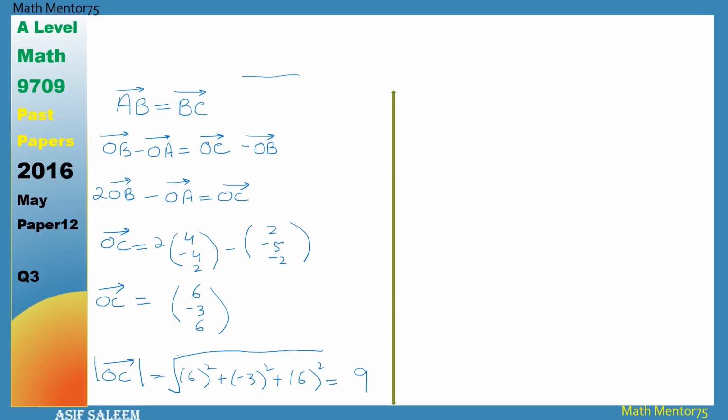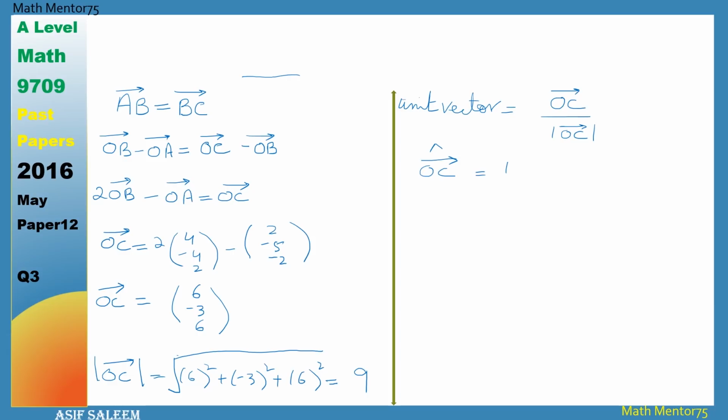The formula is unit vector equals vector, that is OC, divided by its magnitude. Usually we represent the OC vector with a cap sign, which represents the unit vector.